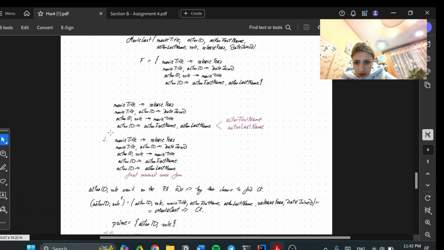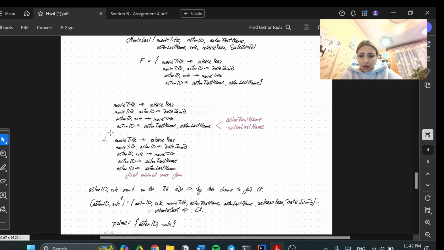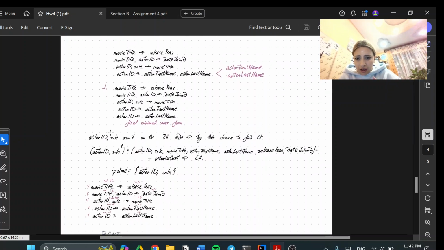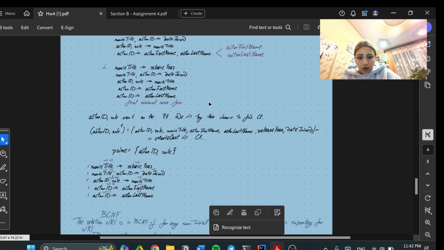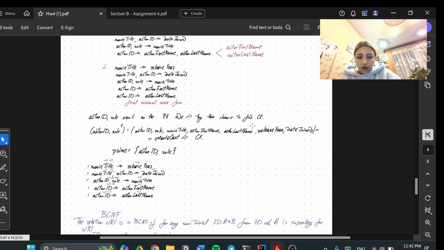And this is our minimal cover form. I looked at it for 10-15 minutes. This is the final form. Actor ID and role aren't on the right hand side, so by their closure we try to find the candidate key. Actor ID and role give us actor ID, role.